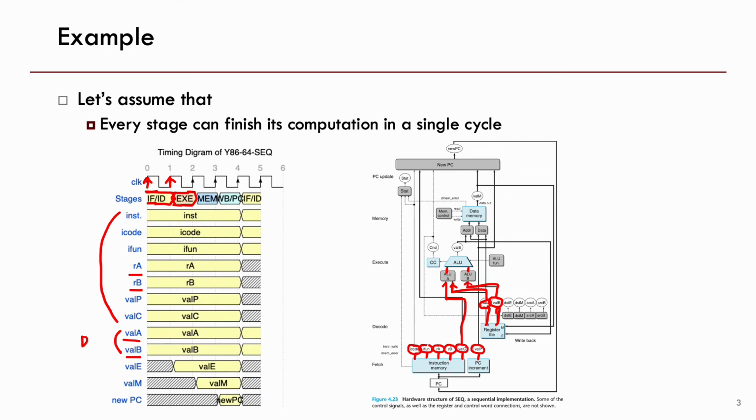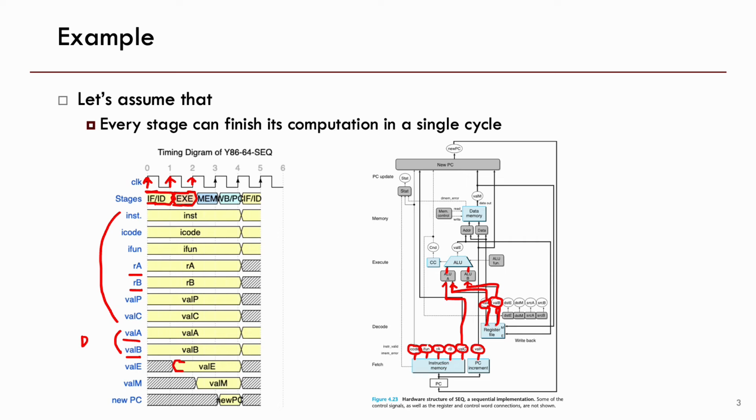In the execution stage at cycle 1, it will produce val E here, and this will be available in the next cycle, cycle 2, because we assume that every stage can finish its computation in a single cycle.